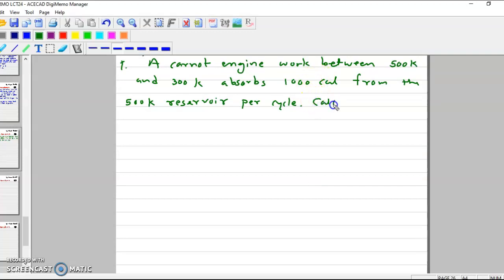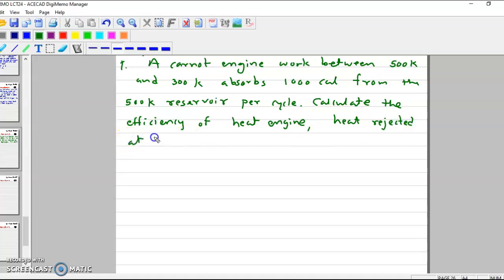Calculate the efficiency of the heat engine, the heat rejected at the 300 Kelvin reservoir, and the work done per cycle.